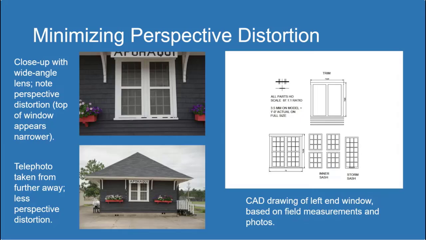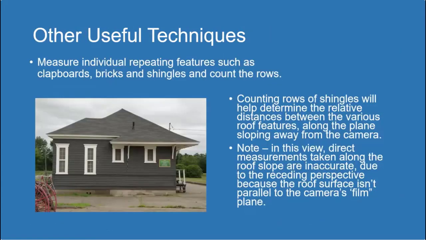And in both cases, you can see that I've put the photo stick in to help me scale anything I want in that plane. And on the right is a CAD drawing of that window based on the field measurements and interpreted measurements using the photo stick. Other useful techniques are to measure individual repeating features such as clapboards, bricks, and shingles and count the rows.